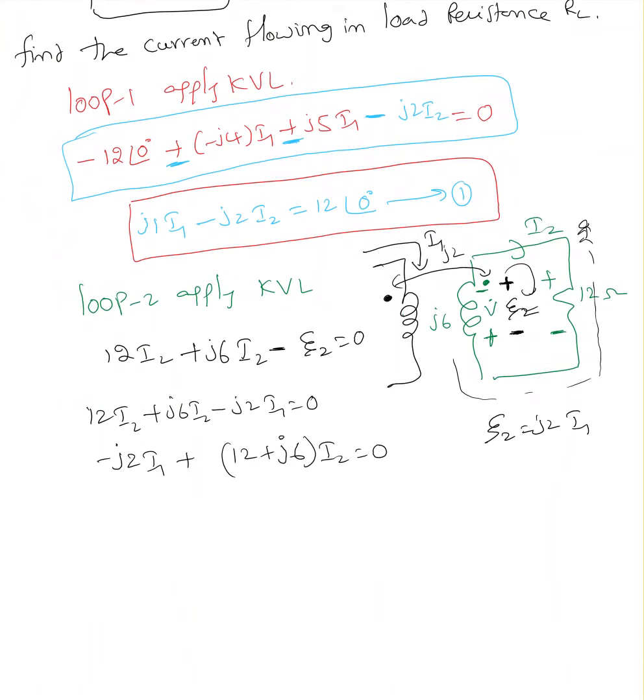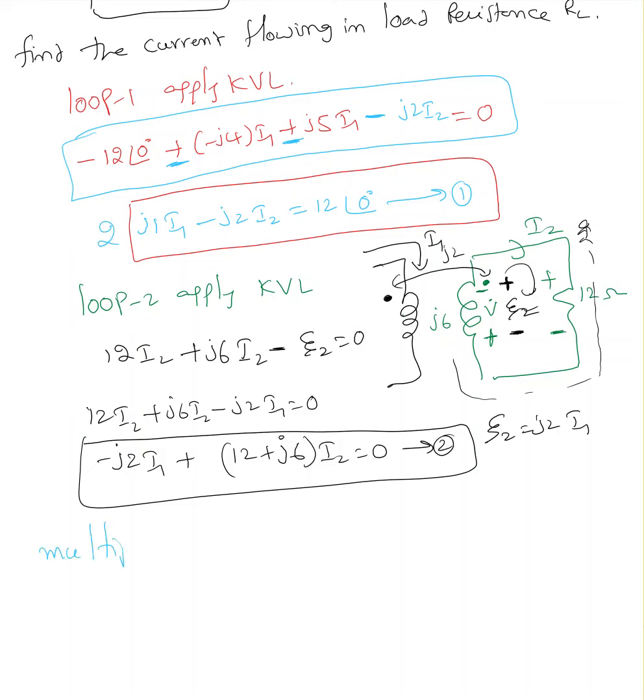Now I'm going to simplify this by multiplying. This is my second equation, by the way. So I have two equations, two unknowns. Our goal is finding I2. So I'm going to multiply equation 1 with number 2.